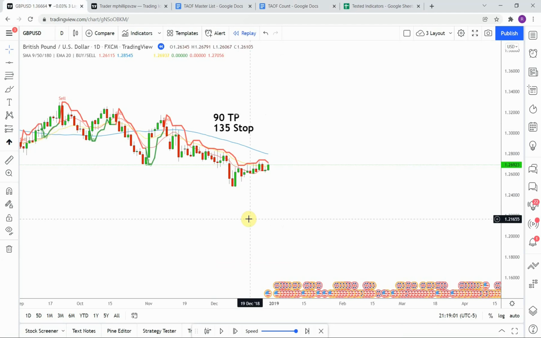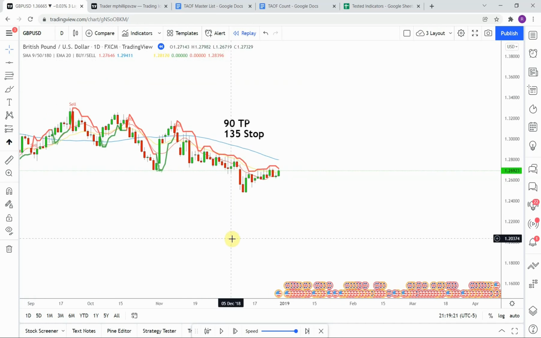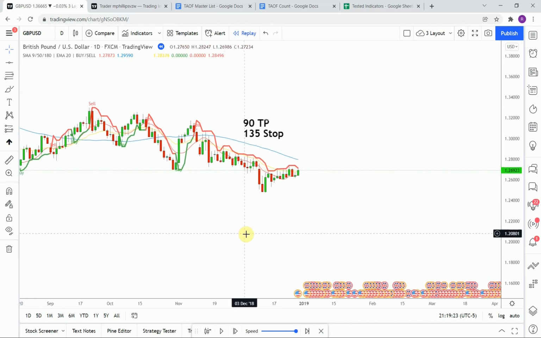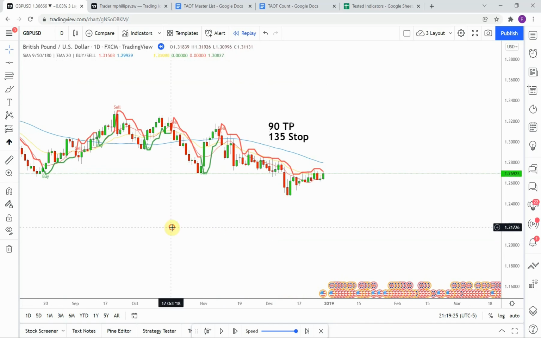Alright, so today's indicator is the SMA 9-50-180 indicator, and you can see it here on screen. I believe it is the SMA 9-50-180/EMA20 with buy and sell signals, but nonetheless you can see it here on screen. And so the setup on this is relatively easy.